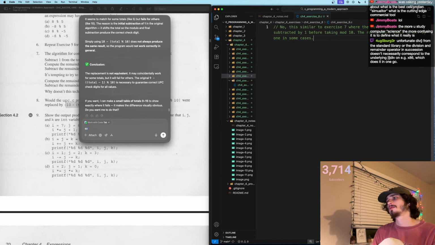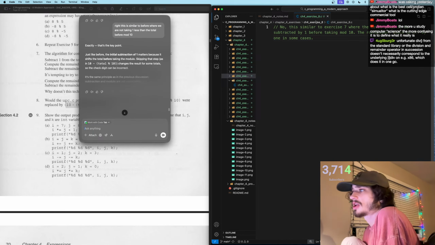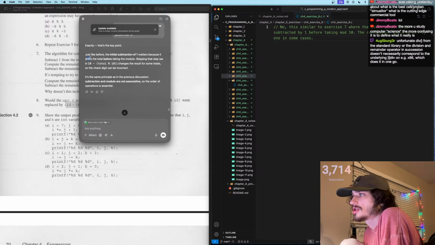So, right, this is similar to before, where we are not taking 1 less than the total before mod 10. Just like the initial subtraction of 1 matters because it shifts the total before taking the modulo. Skipping that step, as in 10 minus total, the modulo 10 changes the result for some totals.